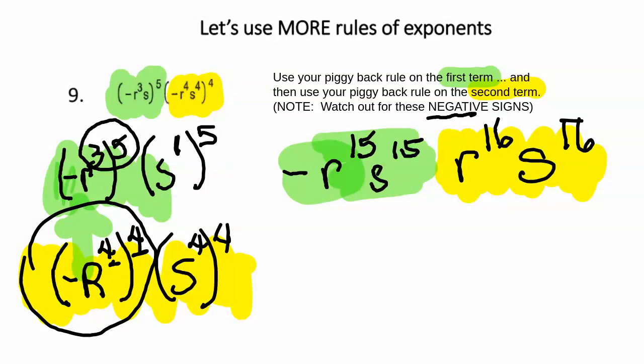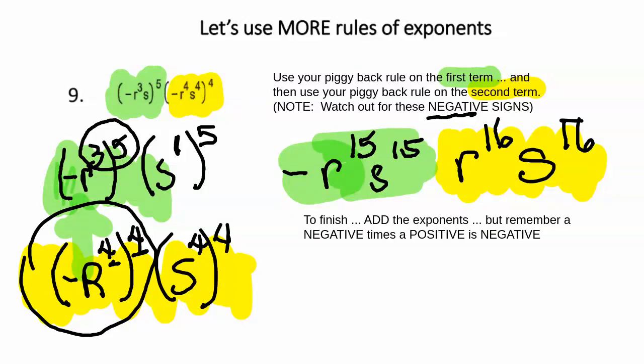Now, to finish, add the exponents. But remember, a negative times a positive is negative. And you're going to say, well, where did that come from? Because remember, mathematicians don't like to write this lovely number 1.